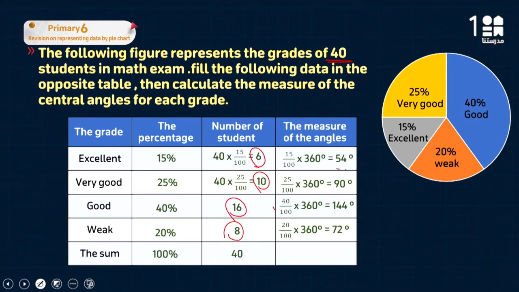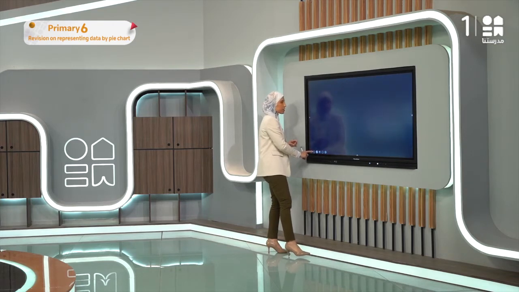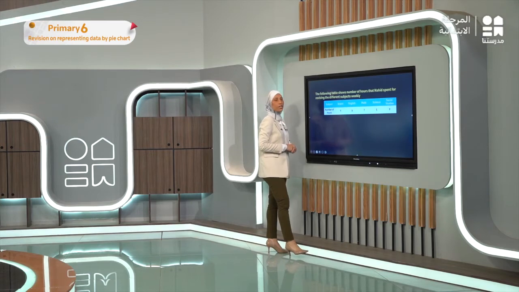Also, if you add 54, 90, 144, and 72 degrees, you're supposed to have the total 360. If you have another number, make sure that you calculate properly. Okay, after finishing, let's start another exercise.